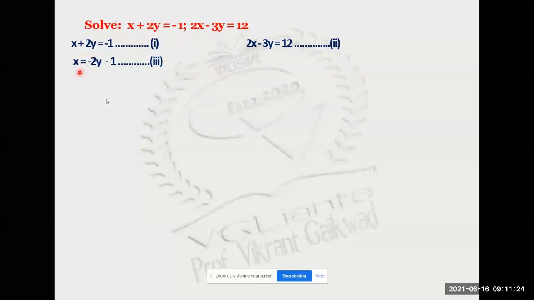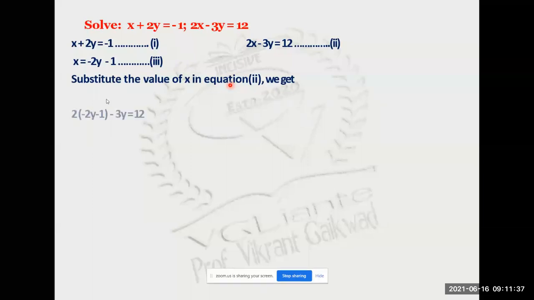So x is equal to the changed position of 2y, that is x equals minus 2y minus 1. Substitute this value of x in equation 2. 2 into minus 2y minus 1, minus 3y equals 12. So that is minus 4y minus 2 minus 3y equals 12.